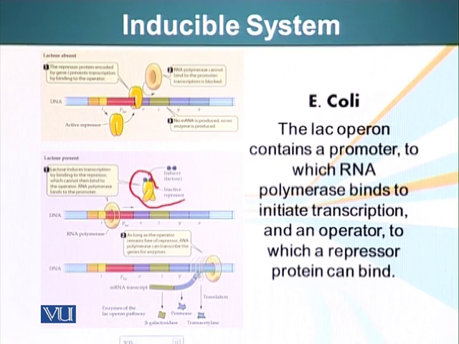The structural genes, one of them is beta-galactosidase. It is the enzyme that breaks the disaccharide into two monosaccharide subunits. Permease is the protein that facilitates the import of lactose into the bacterial cell. Transacetylase is also a protein that helps in processing this lactose.